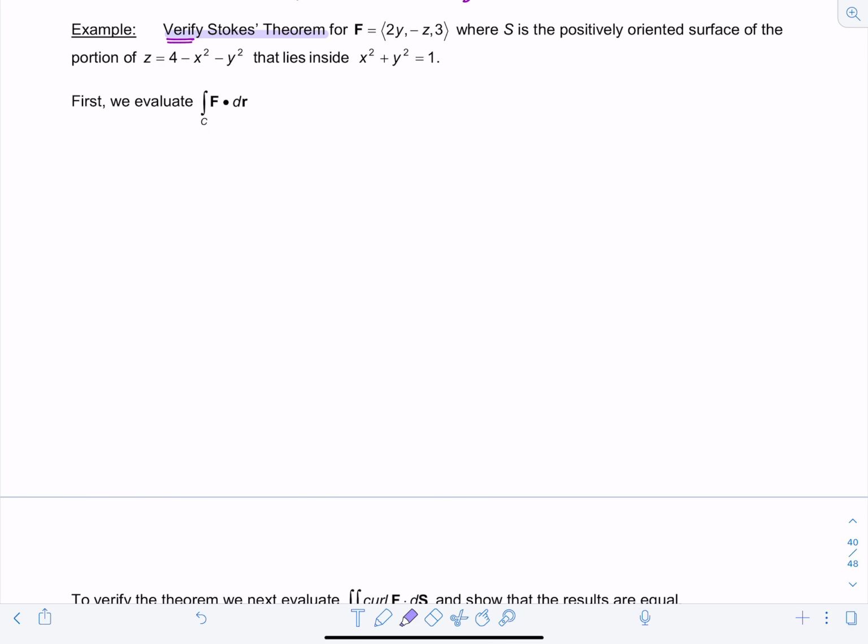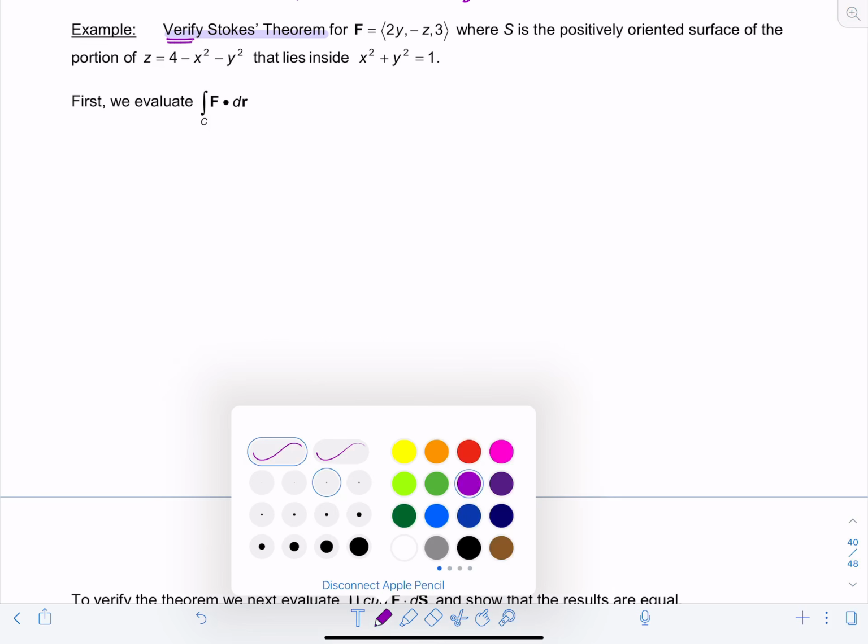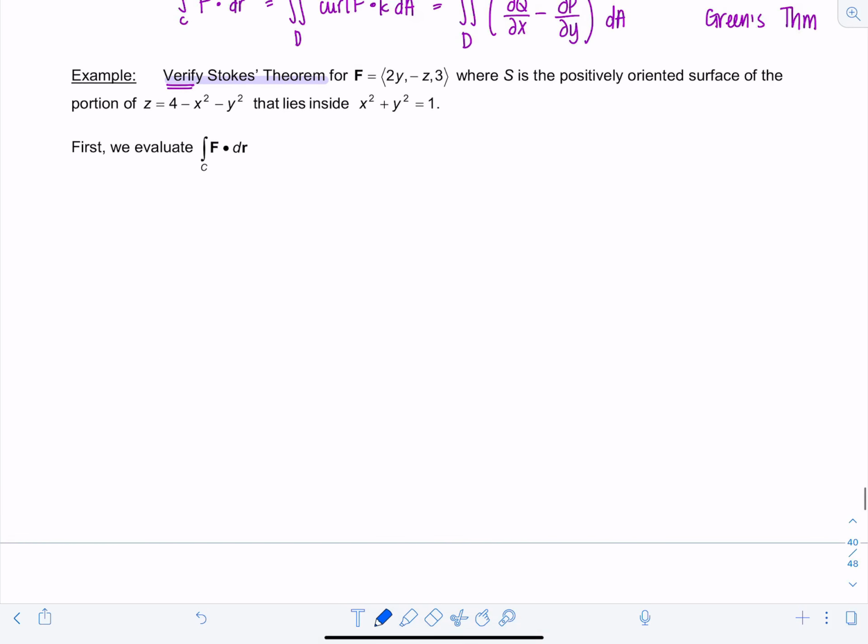Okay, let's start off with the line integral. And if you'll remember, here's our vector field. So I'll call the components P, Q, R. And we evaluate the work by computing the line integral over C, the boundary of the surface, of P dx plus Q dy plus R dz.